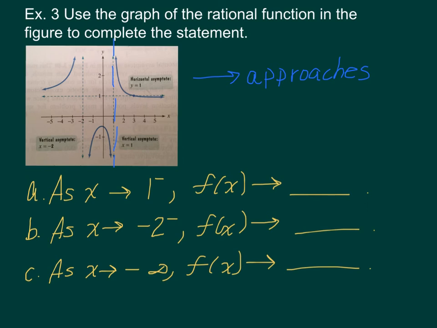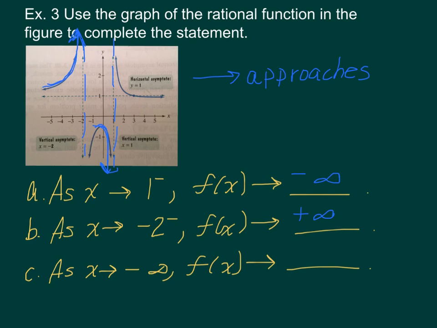So I'm looking at 1 and I'm coming from the left. So if I come from the left, my y values are going to negative infinity this time. B, as x approaches negative 2 from the left. So here's negative 2. And on the left side, notice my y values are going up. They're increasing. So now we say it's going to positive infinity.